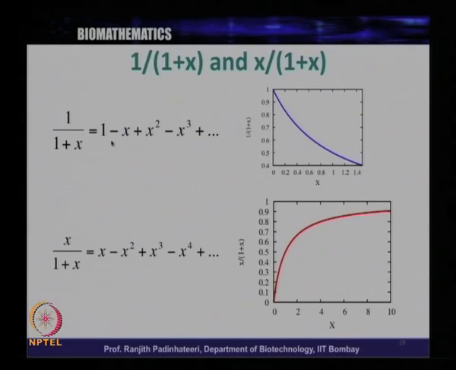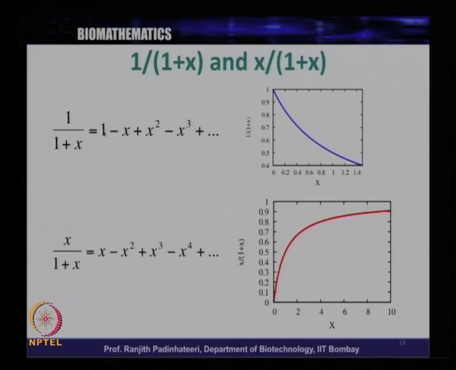1 by 1 plus x can be written as 1 minus x plus x square minus x cube and so on and so forth. And if we multiply both sides with x, we get x by 1 plus x, as I multiply the numerator with x.